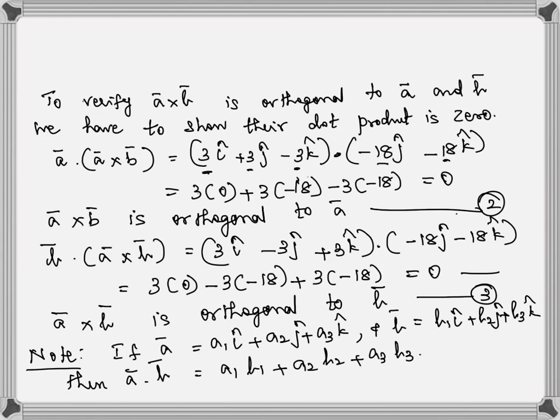Notice always that A dot B is a scalar and A cross B is a vector. Keep that in mind.